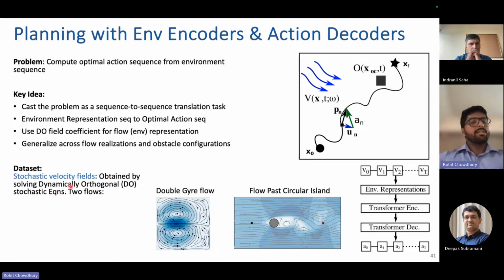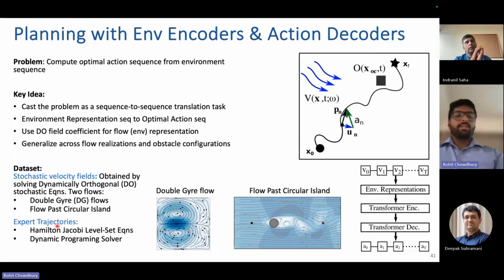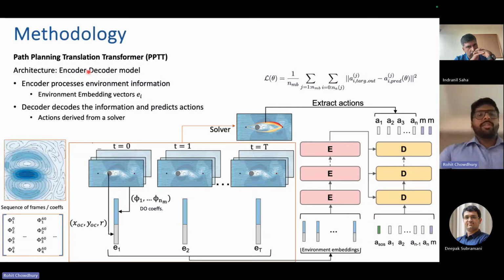So as far as the dataset is concerned, we use a double gyre flow scenario and a scenario of the flow past a circular island. And as far as expert trajectories are concerned, just like the previous work, we use either the level set equation trajectories or trajectories from our dynamic programming solver. So this is the overall methodology.